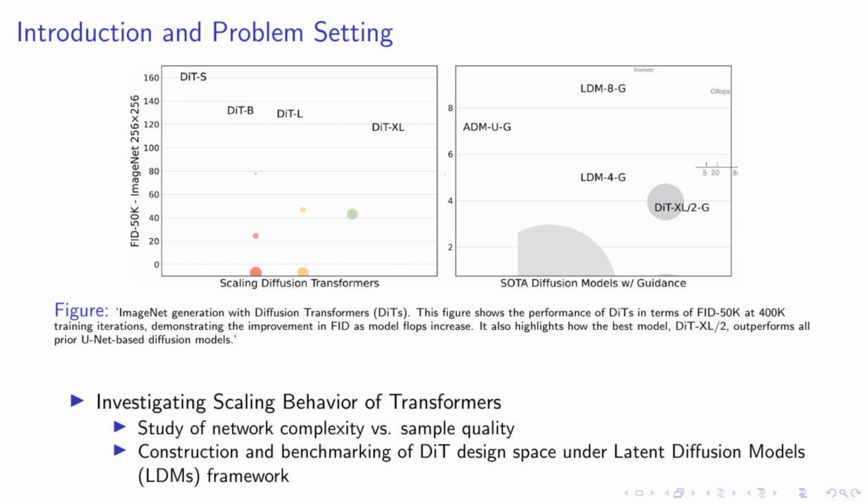In fact, our best model, DiT-XL/2, outperforms all prior UNet-based diffusion models. We've also constructed and benchmarked the DiT design space under the latent diffusion models framework. This has allowed us to successfully replace the UNet backbone with a transformer, demonstrating that DiTs are scalable architectures for diffusion models. This is a significant step forward in our research, and we're excited to share these findings with you today.